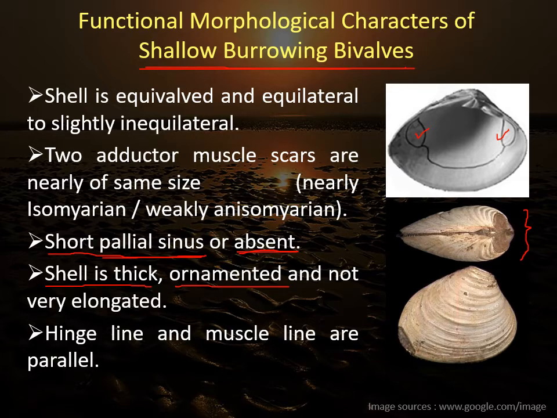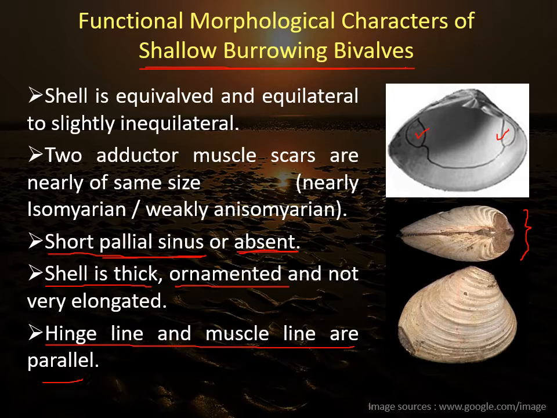So for that, they only have to displace a little amount of sediment to make their position within the sediment surface. So they do not face much problem if they have this large width. And as they are infaunal, their hinge line and muscle line are parallel.